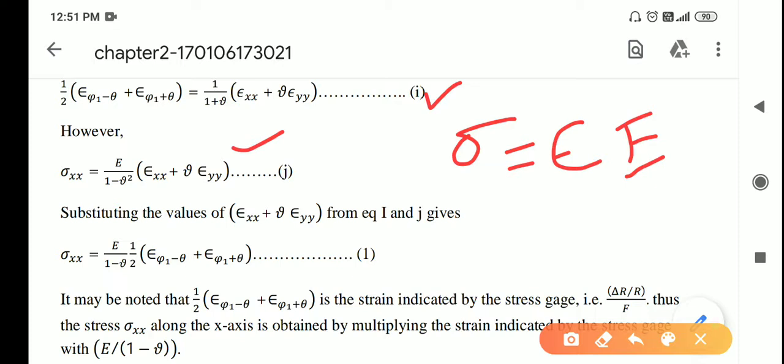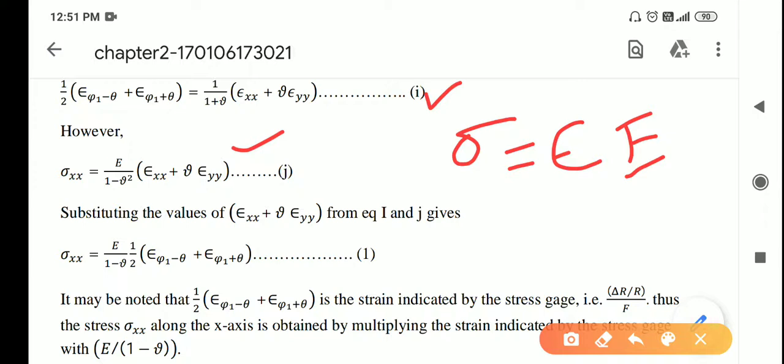Sigma xx is equal to E by 1 minus nu. Since 1 plus nu is there, 1 minus nu square can be transformed into 1 plus nu and 1 minus nu, where 1 minus nu is going to be removed, and you are going to get the equation as E by 1 minus nu into 1 by 2 into epsilon phi 1 minus theta plus epsilon phi 1 plus theta.